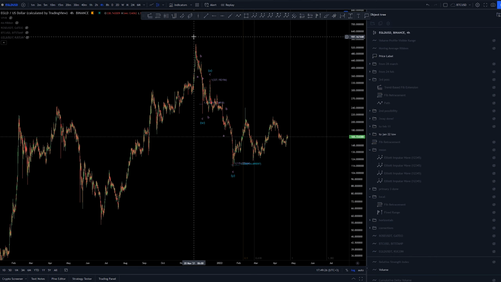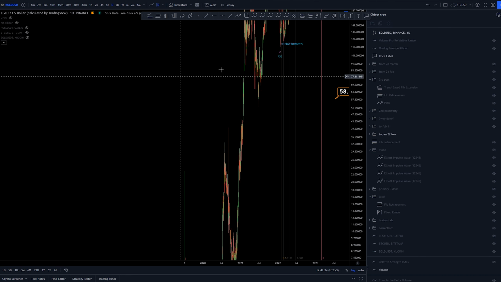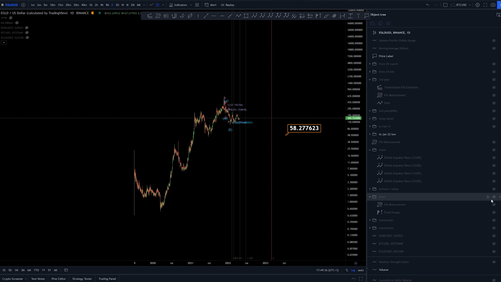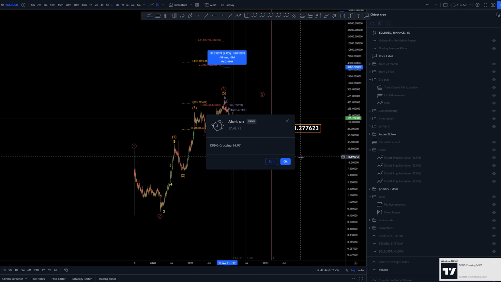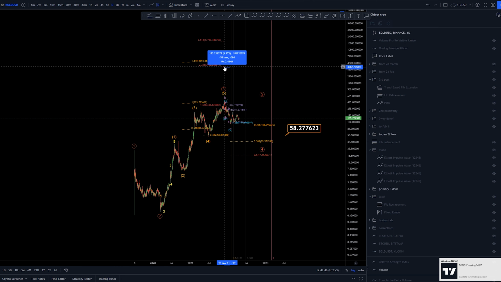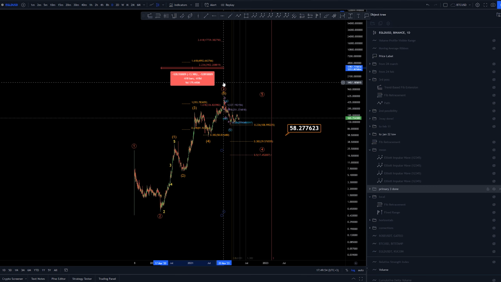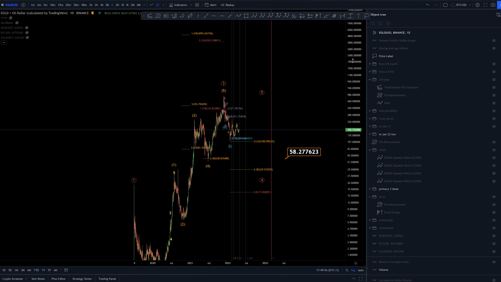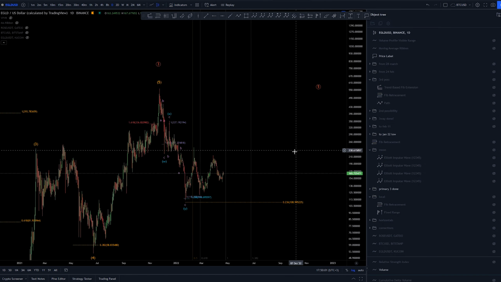I had marked this as the primary 3 correction, which would make it even more unlikely, as the primary 3 was the size of this. So we would be using this much time compared to this much time that it had to be created for this third wave to be made. English is hard sometimes, but yeah, you get the point.